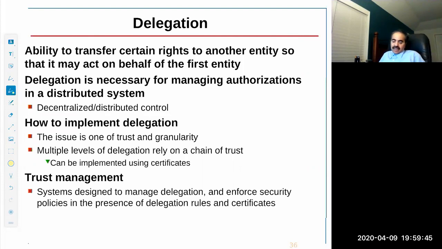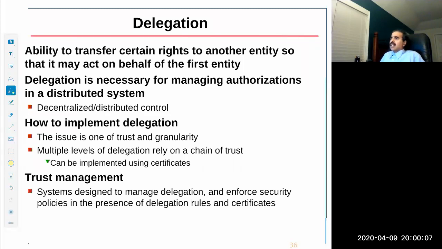Delegation is of particular importance in a distributed system or a large organization where you need the ability for one user to hand permissions to other users.